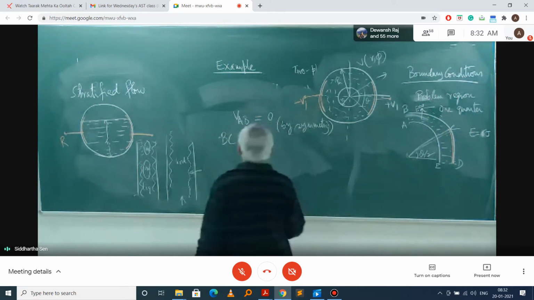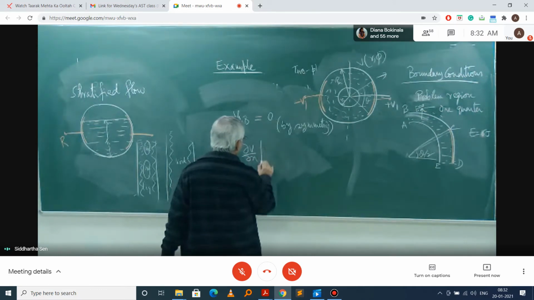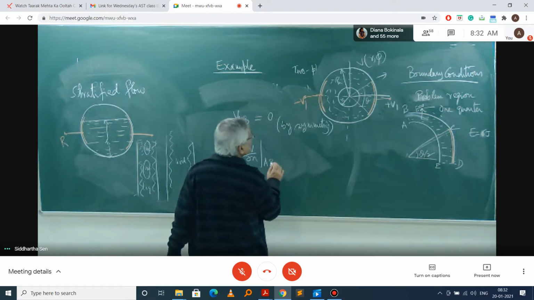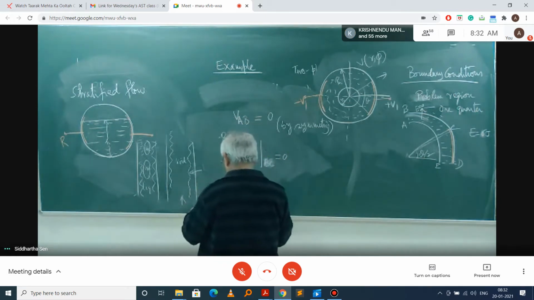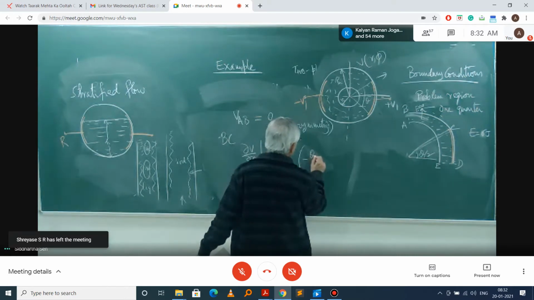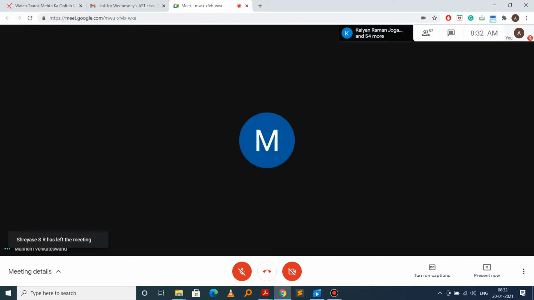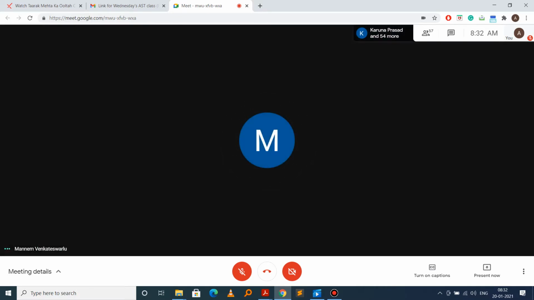So what I get is that del V del N, because it is symmetric, at the region BC is equal to 0. For this one, it is from pi by 2 to theta by 2.